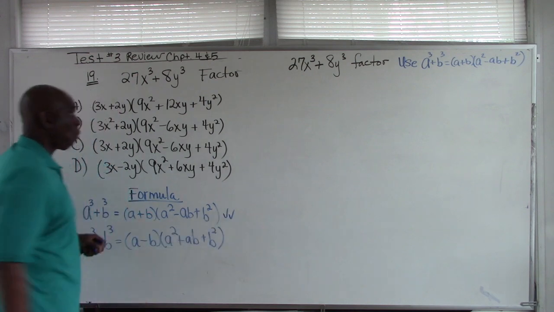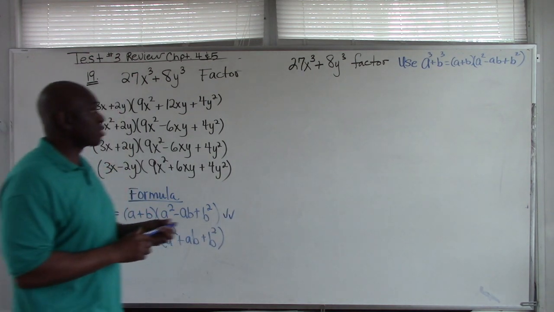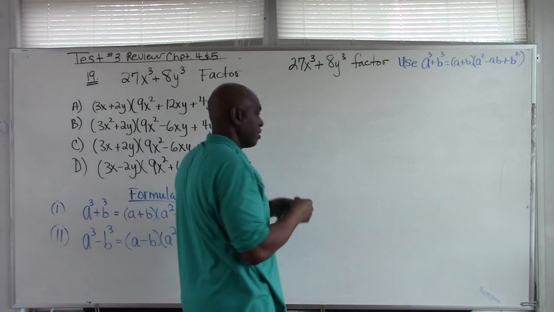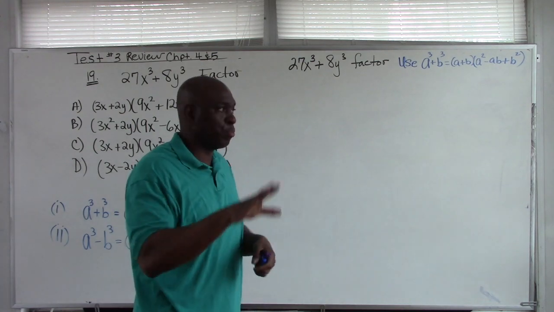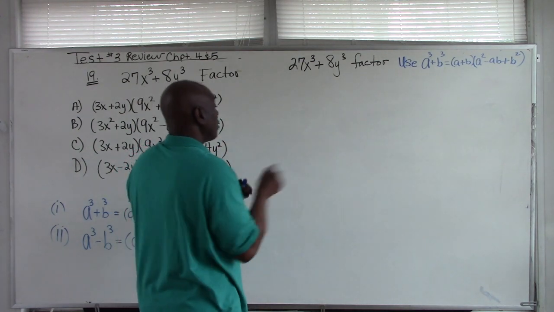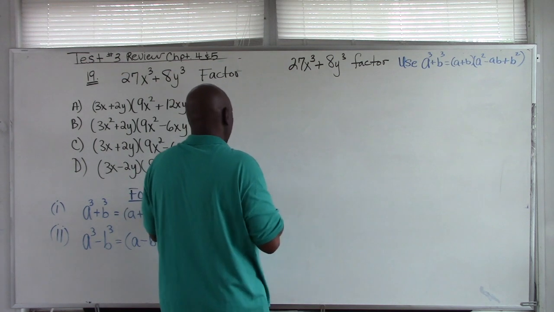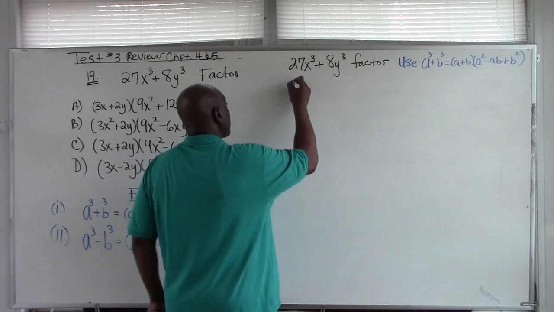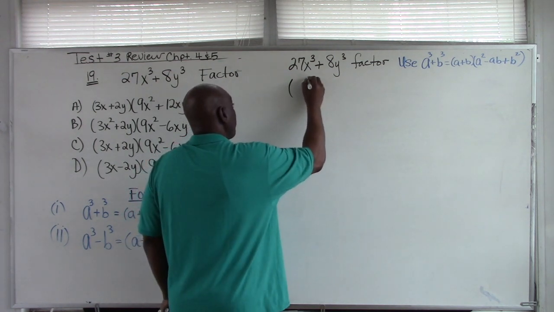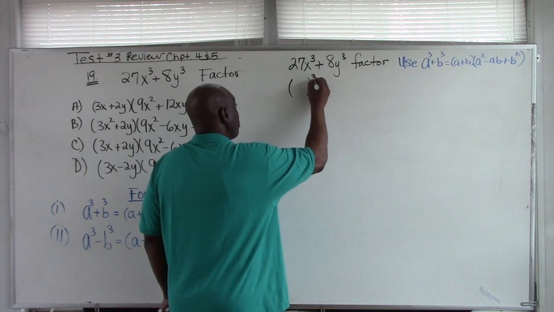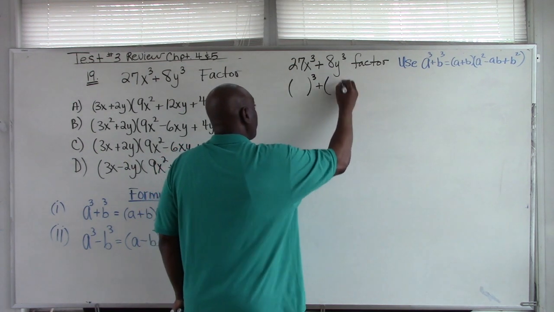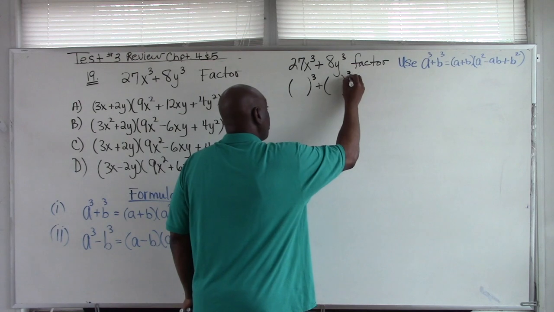Check, check. All right. Now let's go and work on each factor. I need the cube root of each term, so I'm going to have to write it as parenthesis cubed plus parenthesis cubed.